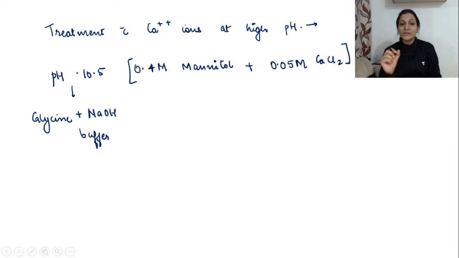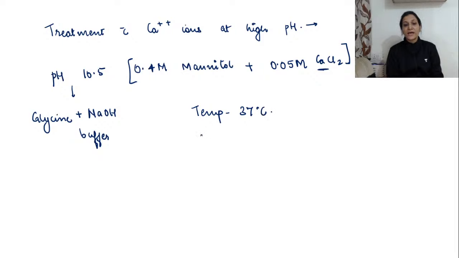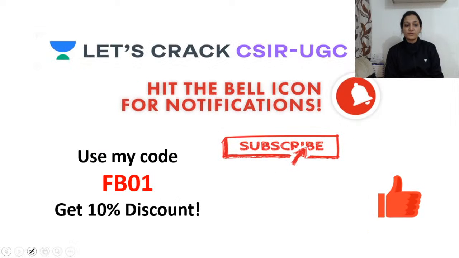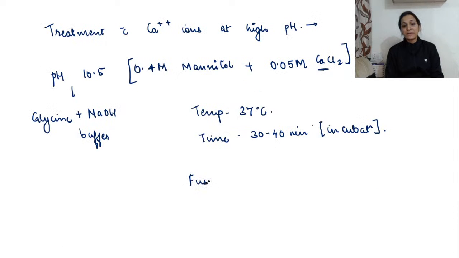So this is the way how calcium ions will be used. The incubation of protoplast is going to occur in this solution, and the temperature for this would be 37 degrees Celsius, and the incubation time is 30 to 40 minutes, and the fusion will take 10 minutes.